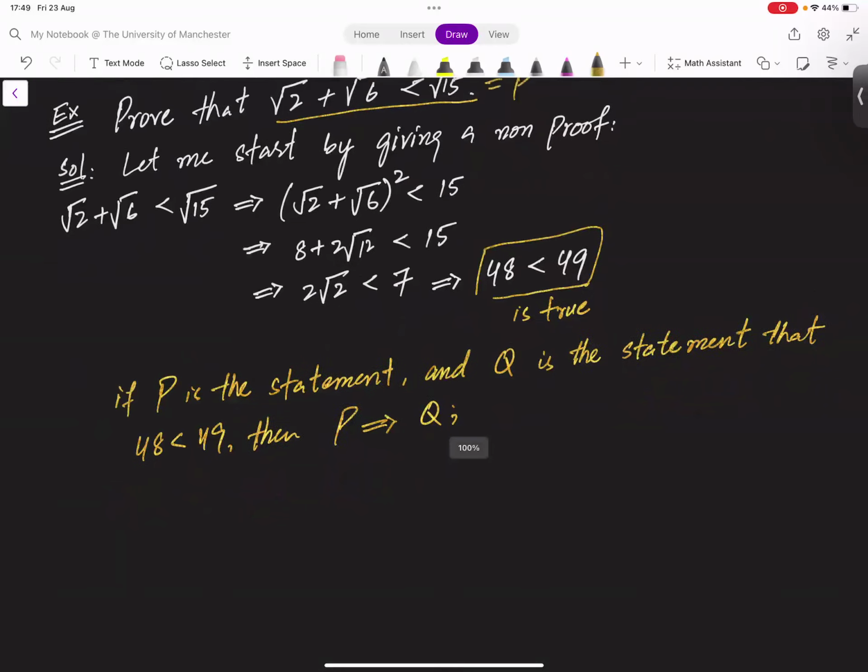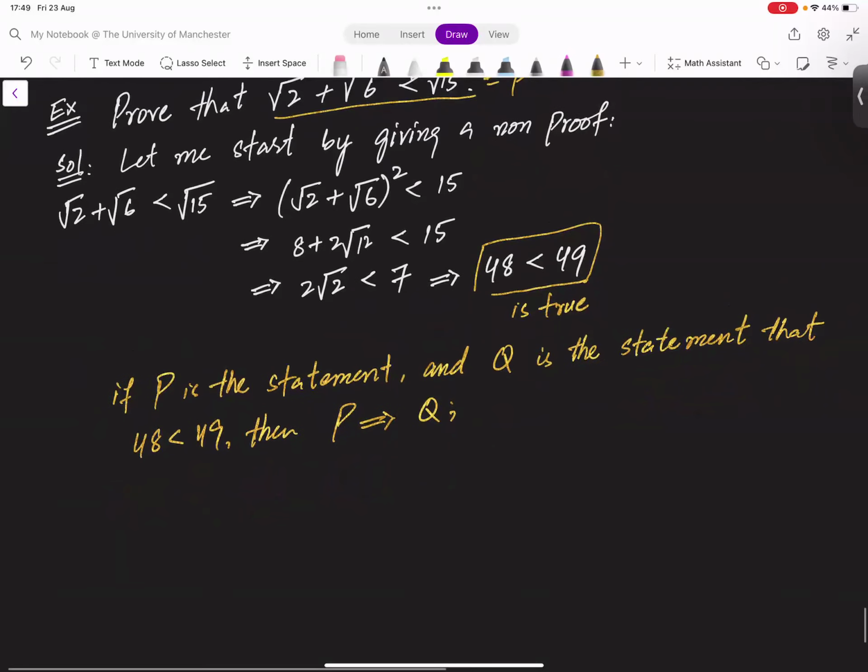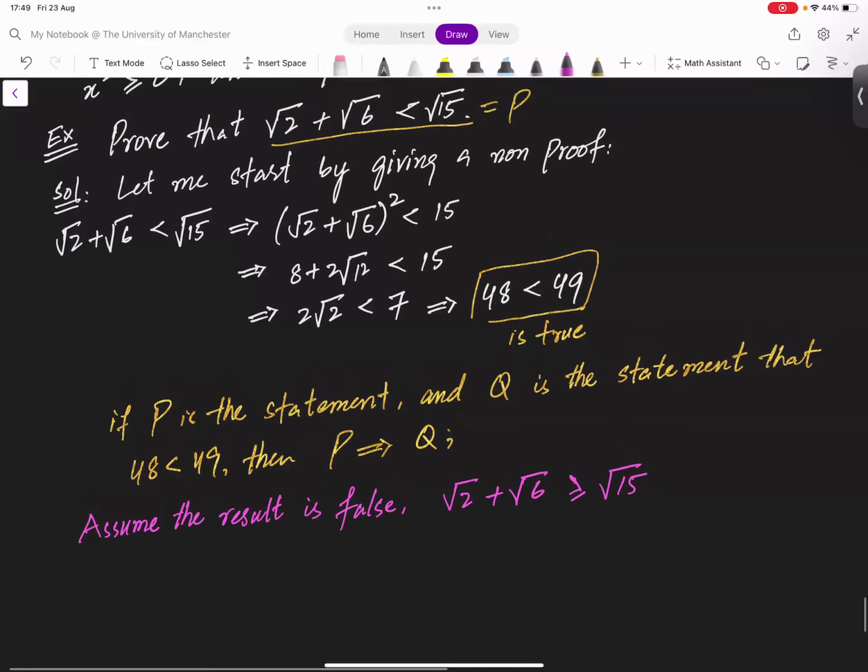We start by saying: assume the result is false, which is, assume square root of 2 plus square root of 6 is greater than or equal to square root of 15. Previously it was less than only.